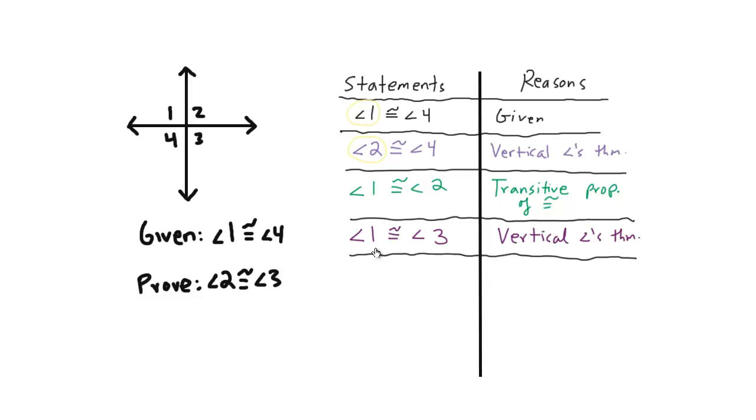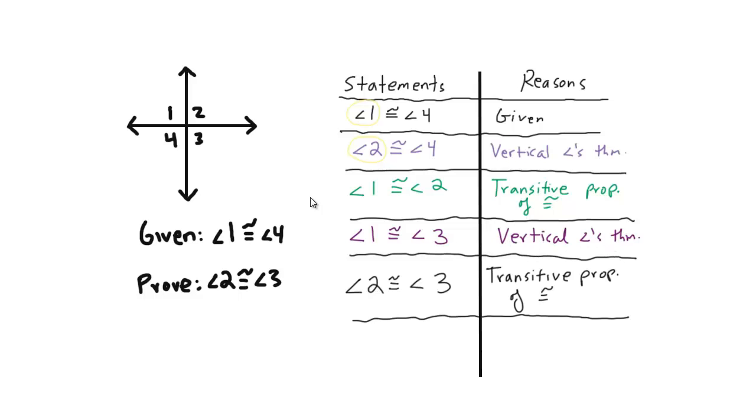So the next statement that we want to write down is to relate angles 1 and 3. And we know that angle 1 is congruent to angle 3 because of the vertical angles theorem. Now, if we were to check out the previous two statements, we can write down the last statement concerning angles 2 and 3. From here, angle 2 is congruent to angle 3, which is the last statement here.